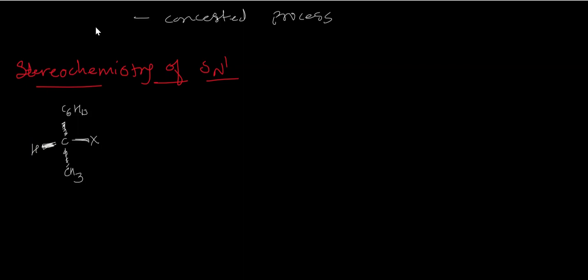Now, the SN1 reaction involves ionization because there is a formation of carbocation. The ionization of optically pure alkyl halide leads to a planar, achiral, symmetrical carbocation with an empty p orbital perpendicular to the plane.